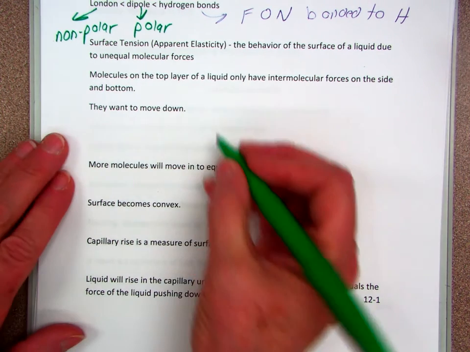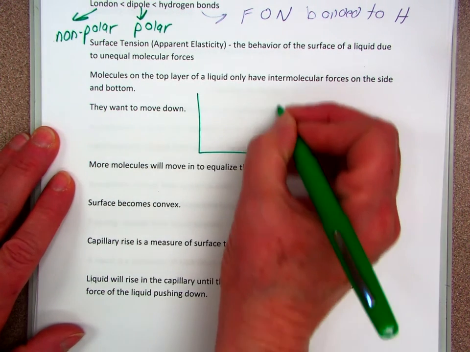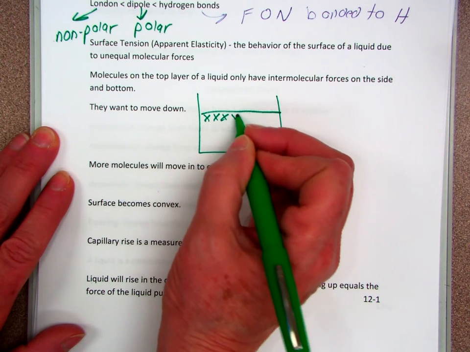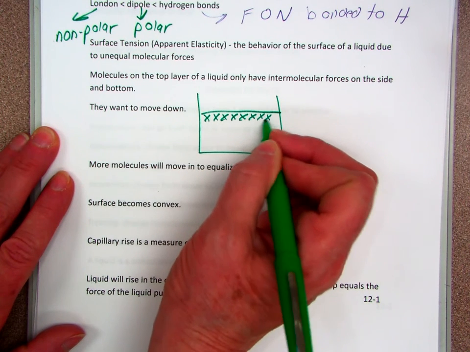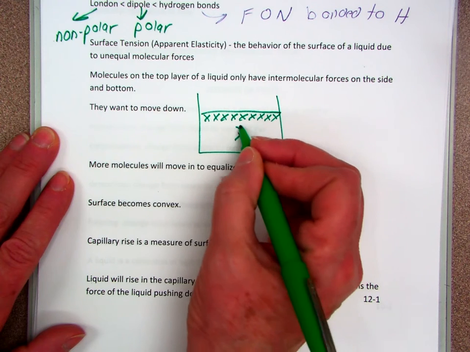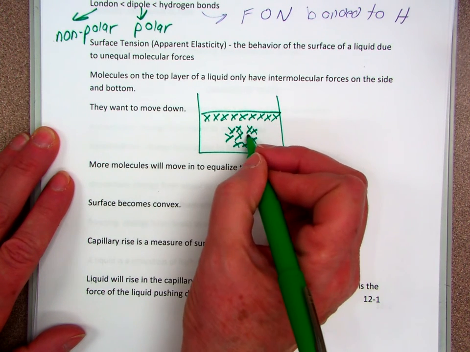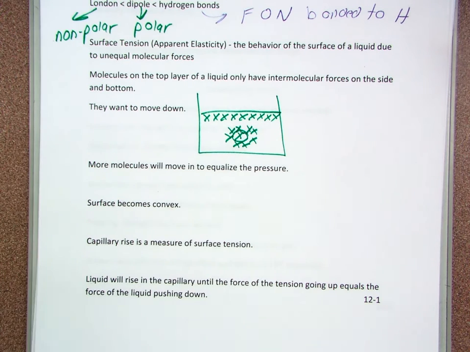And when we look at this, we can think about a container that has a liquid. Across the top, we have a row of molecules that are sitting on the top. Down here, I have molecules everywhere. So if we have a molecule down somewhere in the container, that has intermolecular forces from neighboring molecules all around it. There are molecules in front of it, behind it, to the left, to the right, on top.